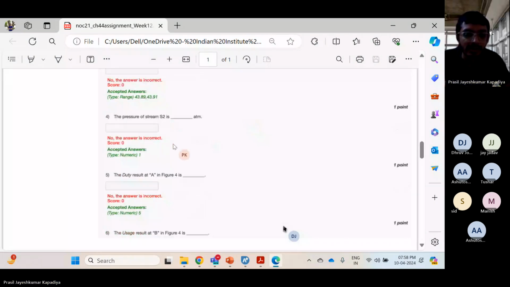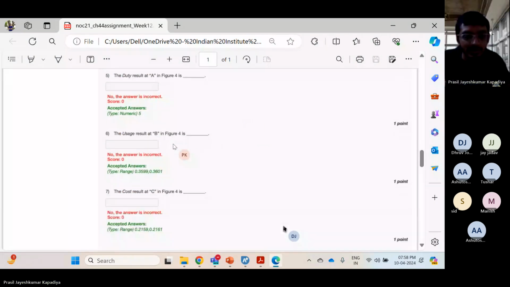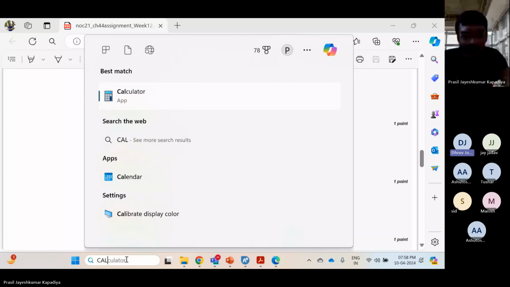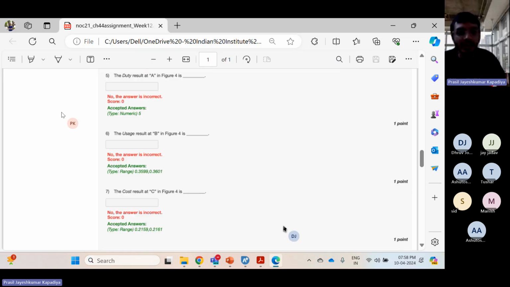Okay? Yes or no? Or should I show you? I did 5 divided by 50 into 10 raised to 3 and then multiplied by 3600 and I got the correct answer. Yeah, you are correct then.